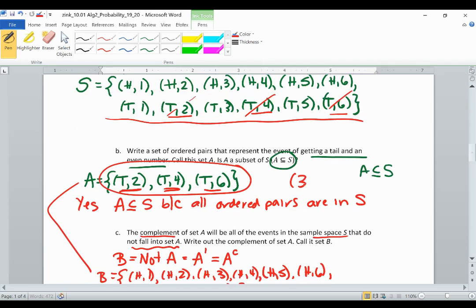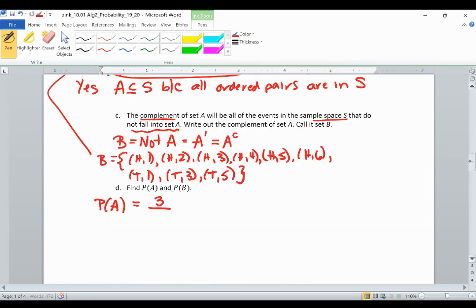So there's 3 outcomes here, and there's 12 outcomes here. So it's 3 out of 12. Or if you wanted to reduce it, you would get 1/4. Or you could write it as a decimal, 0.25, or as a percentage, 25%. Remember, to change a decimal to a percent, you move your decimal 2 times to the right.